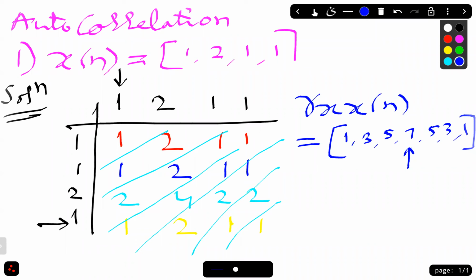So what should be the length of the output sequence? The formula we know, मैंने आपको बताया था पहले ही, linear convolution का length of the output sequence कैसे कैलकुलेट करते हैं? How do we calculate the length of the output sequence for linear convolution?